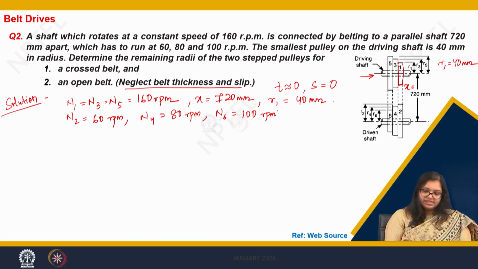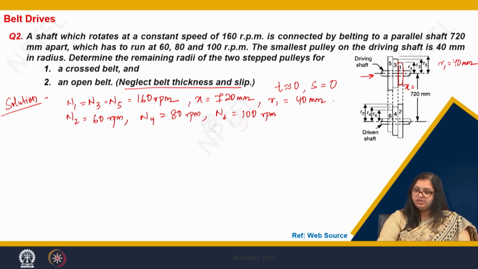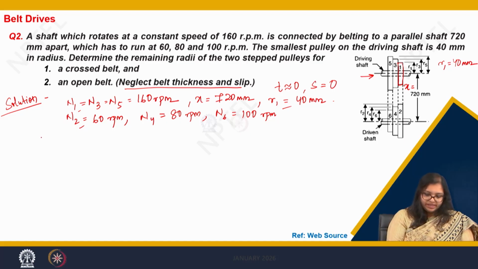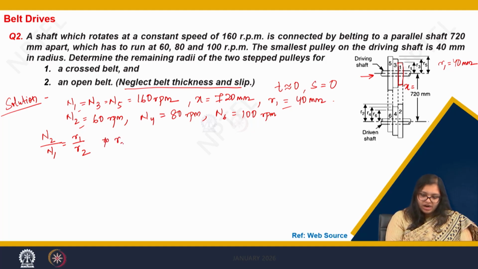So, the first case, what we know is for the set of pulley, that is N1 and N2. Here N1 is known, N2 is known and R1 is also known. By taking the velocity ratio, N2 by N1 is equal to R1 by R2, we can determine R2.